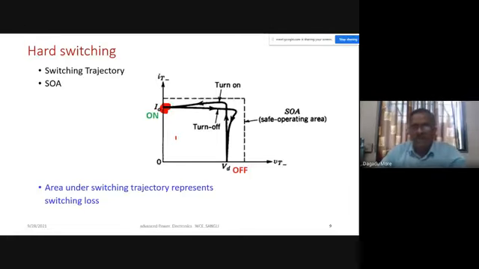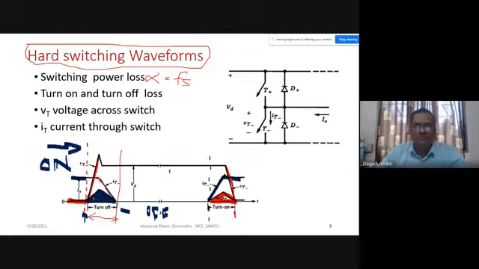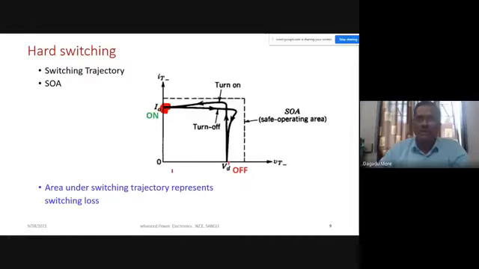Whereas here, when the switch is off, the current will be 0 and the voltage will be rated, so the voltage will be higher and current will be 0.